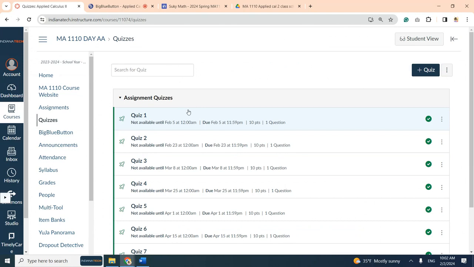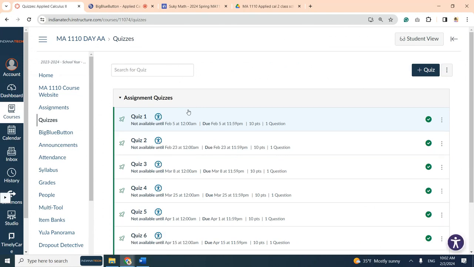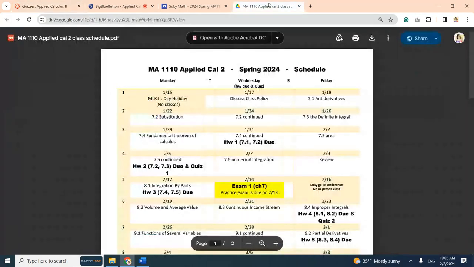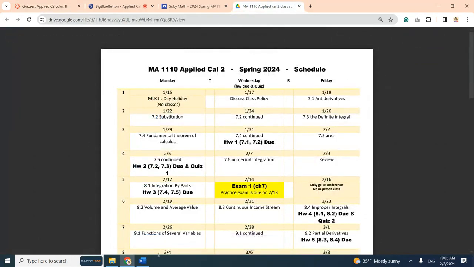And remember that if you get locked out because your internet is not stable or you need a little bit more time, feel free to start a second attempt right away and then submit your answer. But if you use more than one attempt, just email me and let me know. Okay, everybody? So homework 2 and quiz is on Monday.